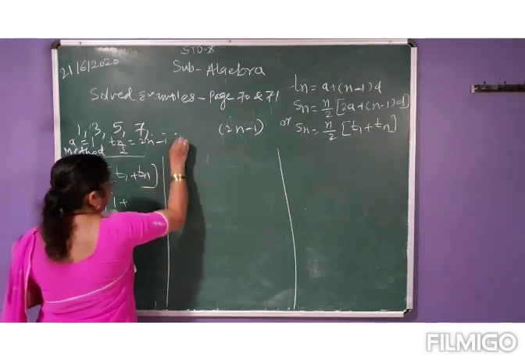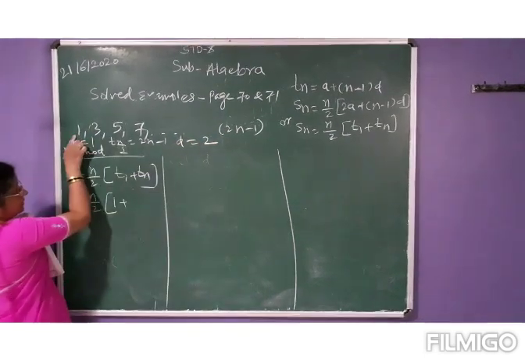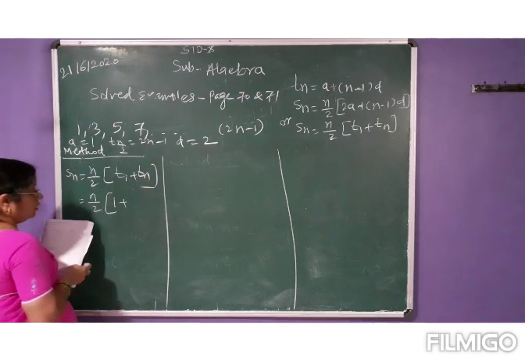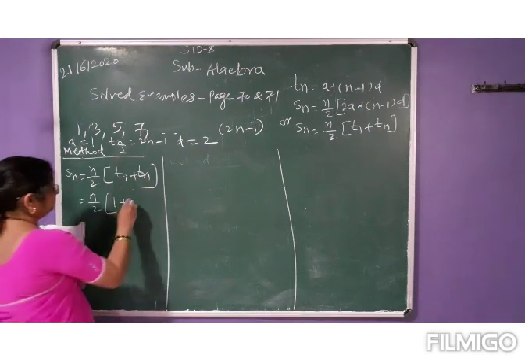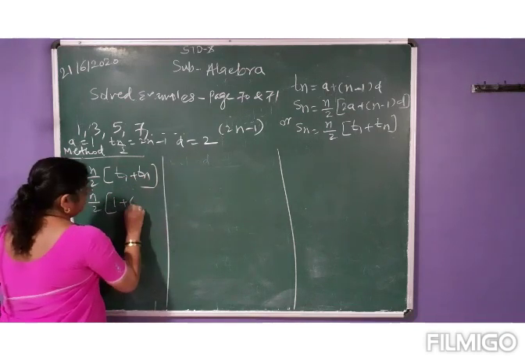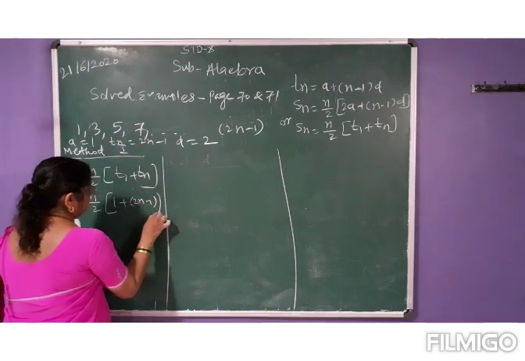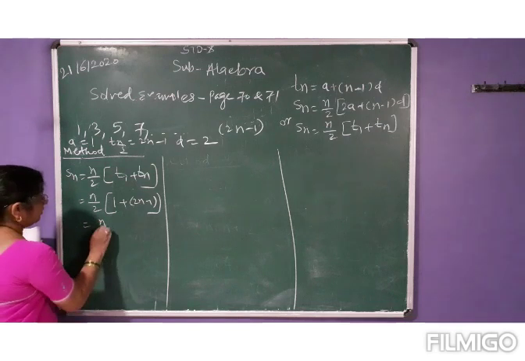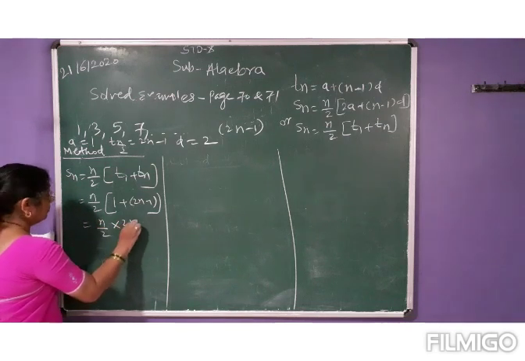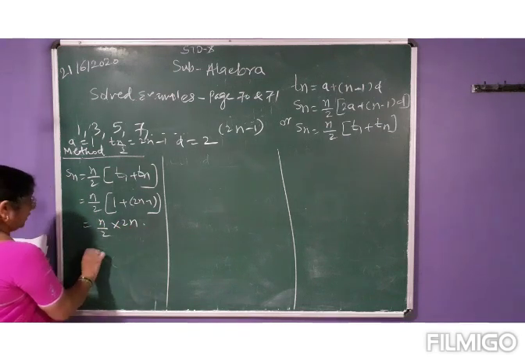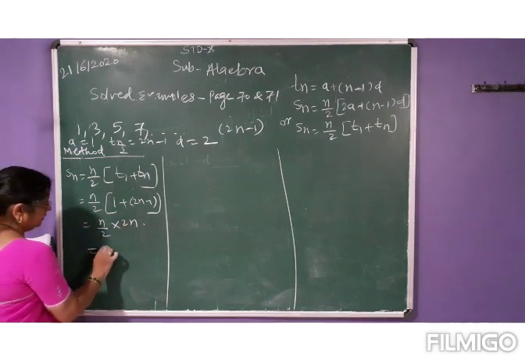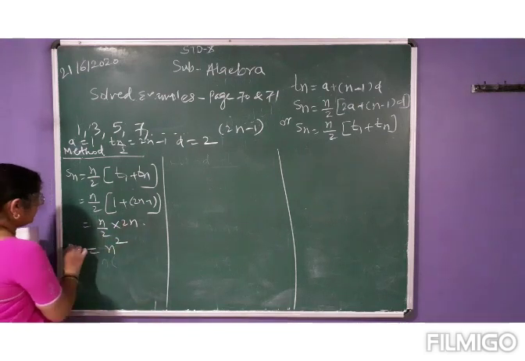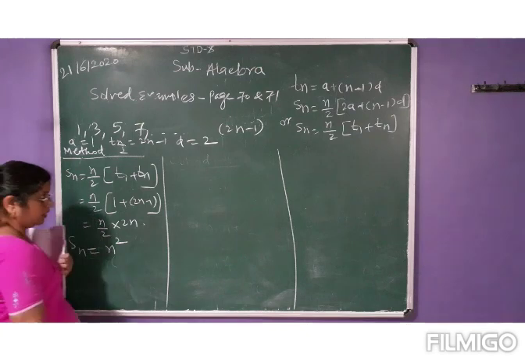And your d is again 2. Now here 1 plus, what is Tn? 2n minus 1. Okay, so 1 will get cancelled. So n upon 2 into 2n. So again this 2 will get cancelled. So what answer will you get? Sn you will get as n square.